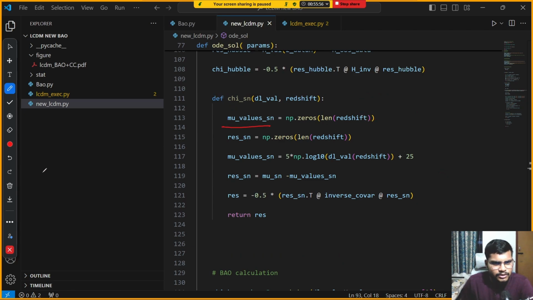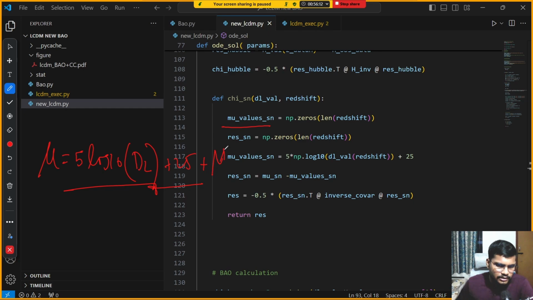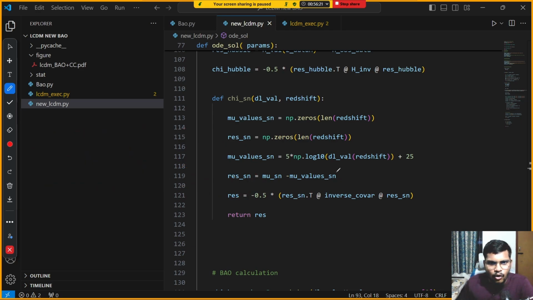So mu for SN is basically this: mu is equal to what? 5 log10 DL plus 25, right? If I am just using Pantheon Plus, whose data is calibrated, I am not using the MB for the absolute magnitude of supernova data, right? So if I'm just using this formula over here, what I have done is I am just importing this 5 log10 from the numpy file, the DL value, and there is a redshift.